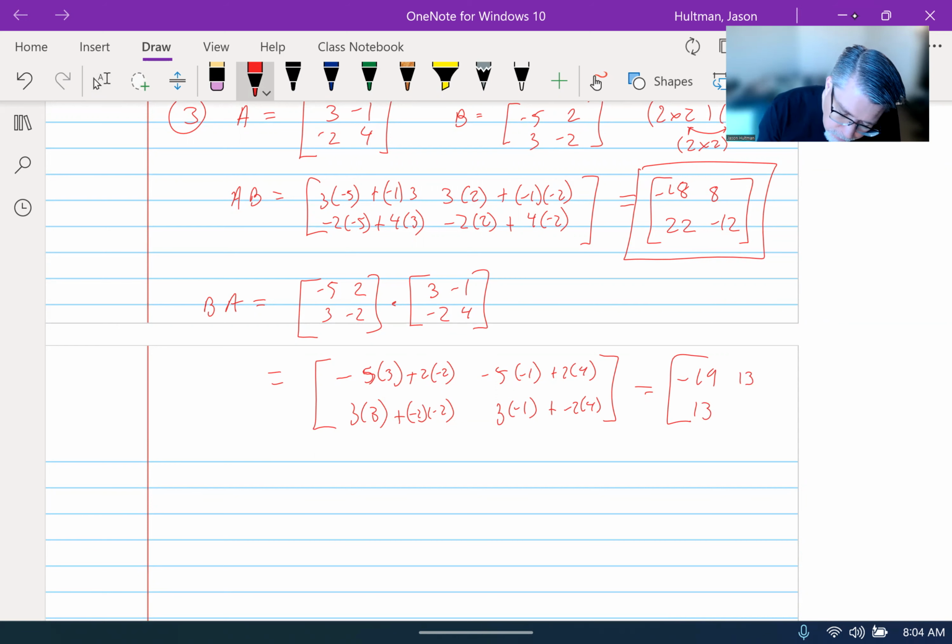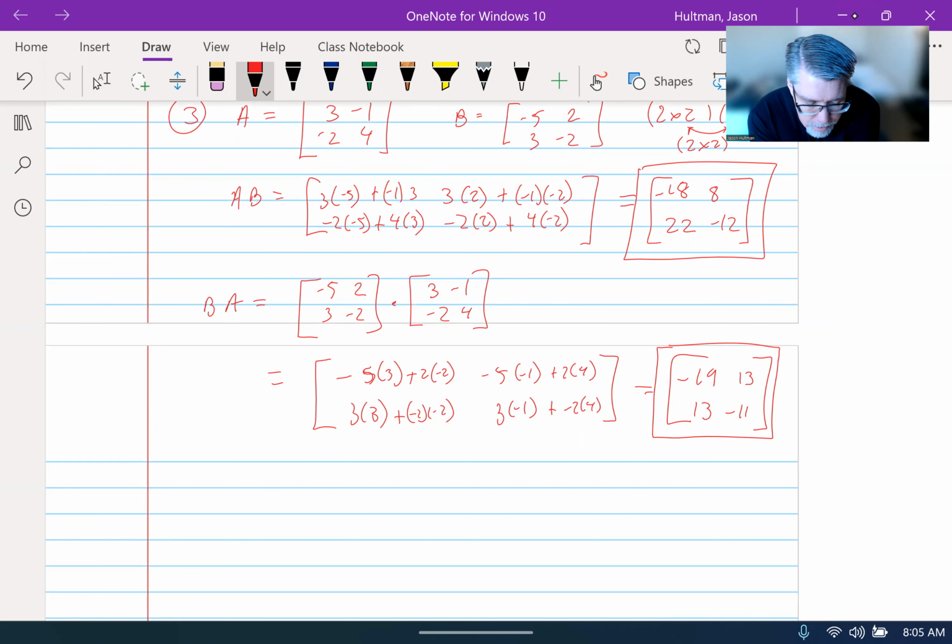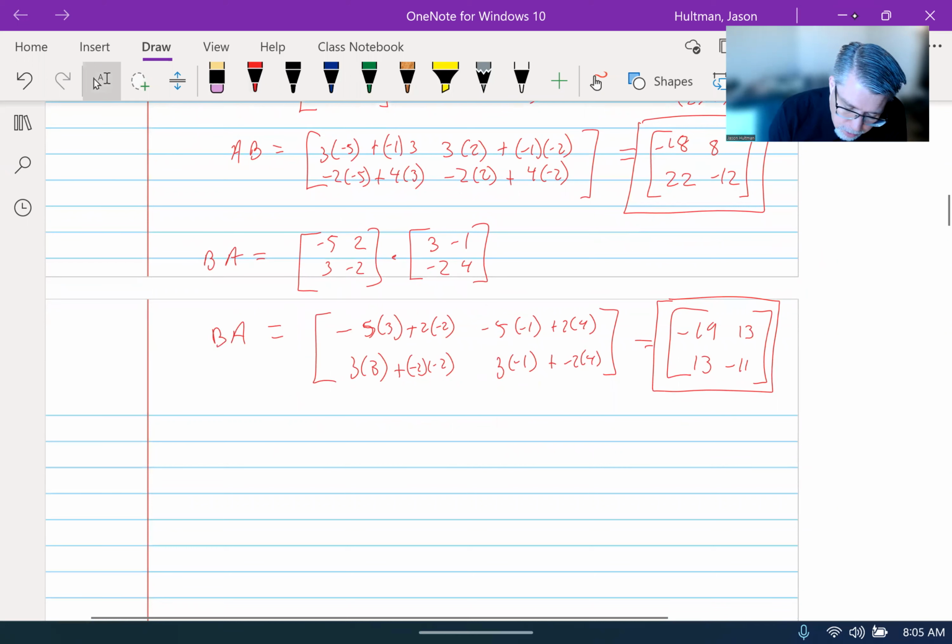And this is -3 plus -8, which is -11. Notice that when I multiplied A times B, I did not get the same result as B times A. So they are not commutative. You cannot multiply in any order and get the same result.